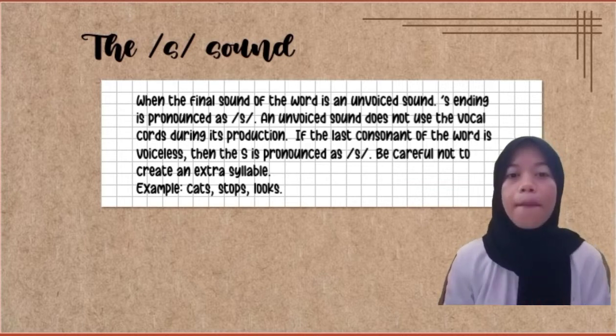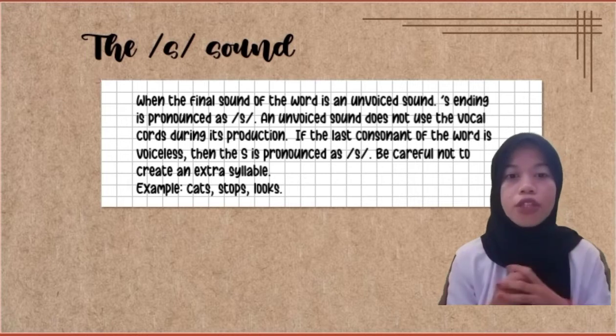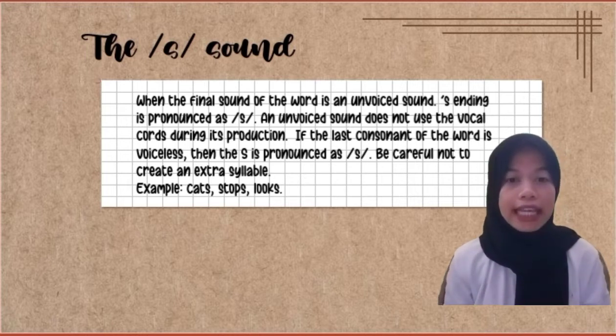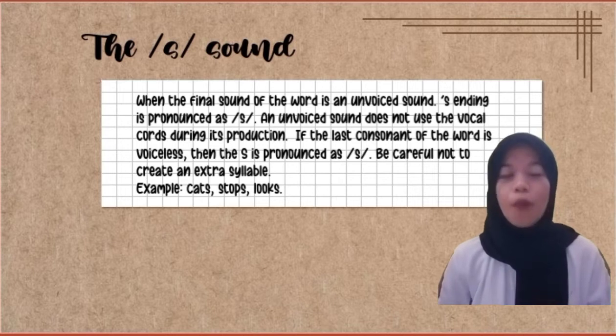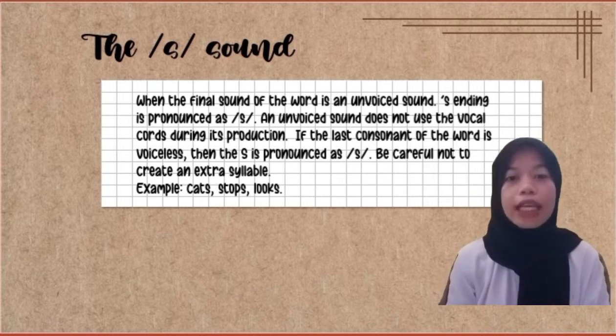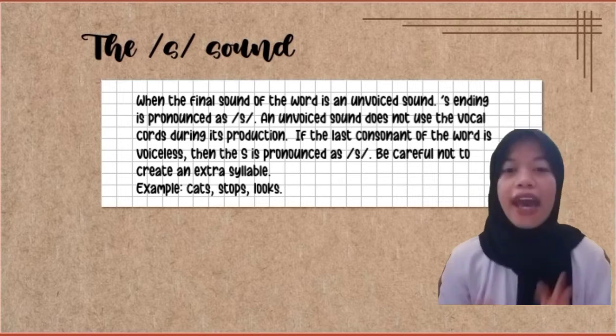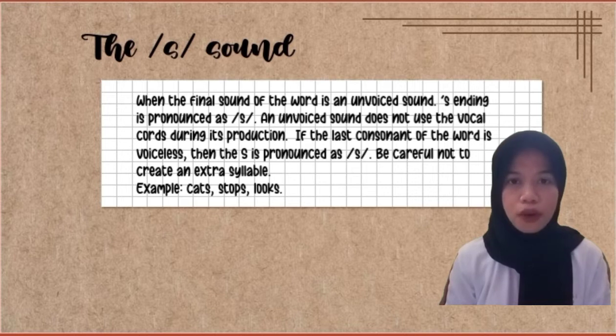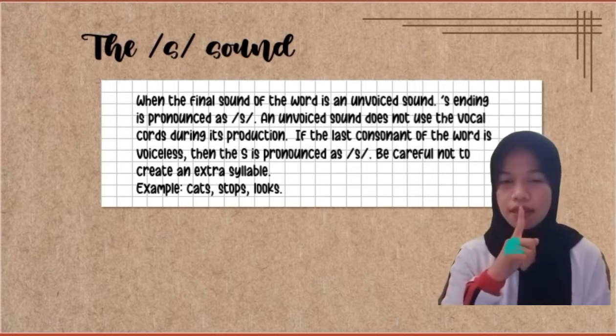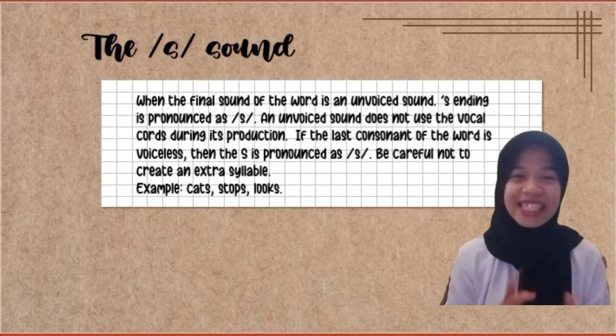It is defined by the shape of your teeth and the position of your tongue, and it is sibilant, which is the sound made by directing a stream of air with the tongue towards the sharp edge of the teeth. When the final sound of the word is an unvoiced sound, the S ending is pronounced as /s/. So it's like when you tell people to be quiet, you say S, or the snake voice. I'm just kidding.